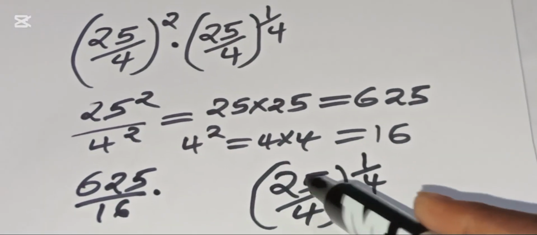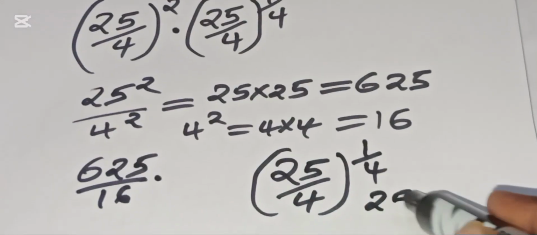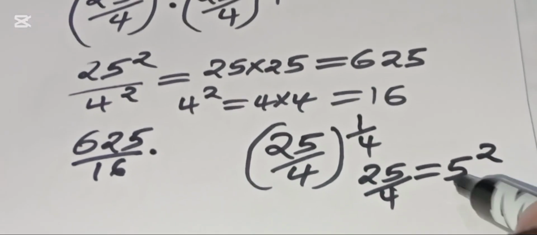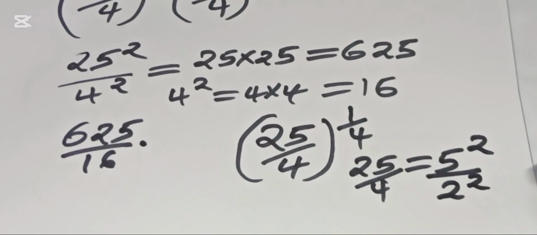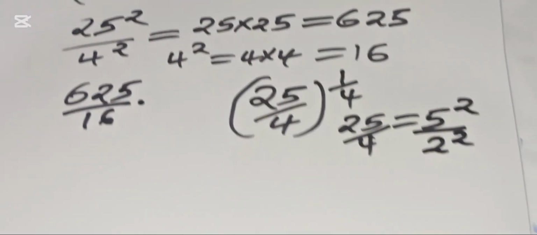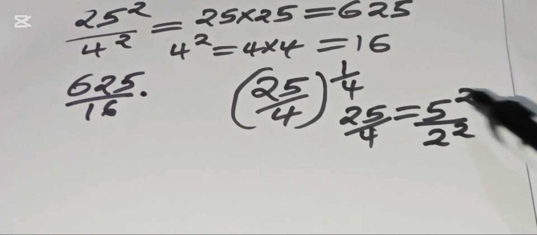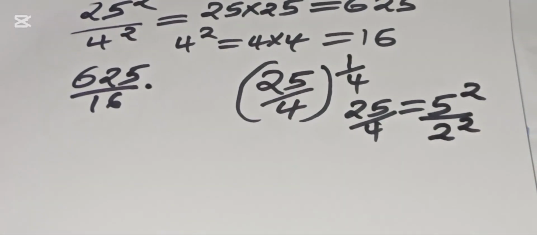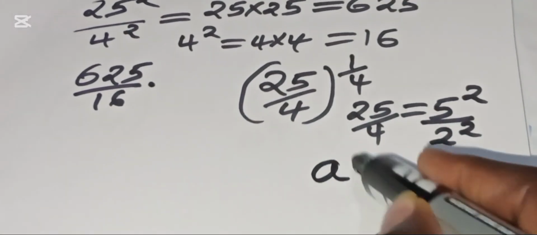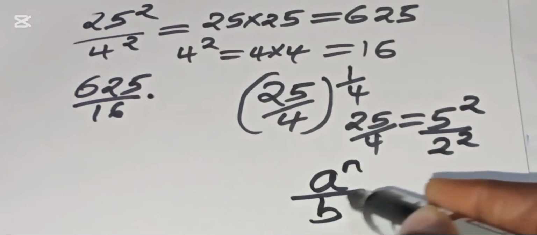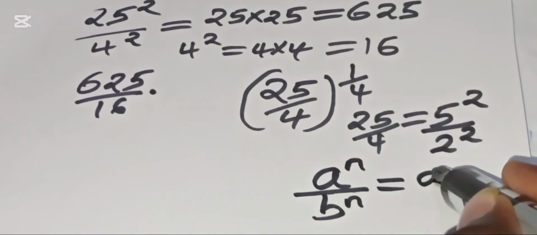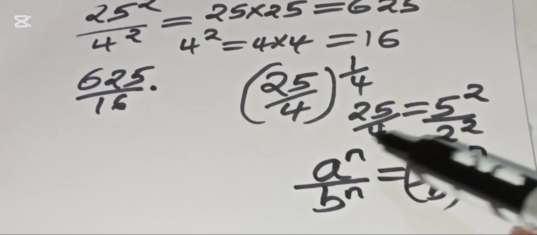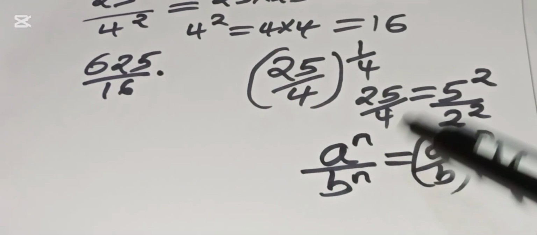All right, now as you can see, 25 over 4 can be expressed as 5 squared divided by 2 squared. Now we have different bases, but the exponents are common, so a raised to power n divided by b raised to power n can be written as a over b raised to power n, given that n is the same exponent.